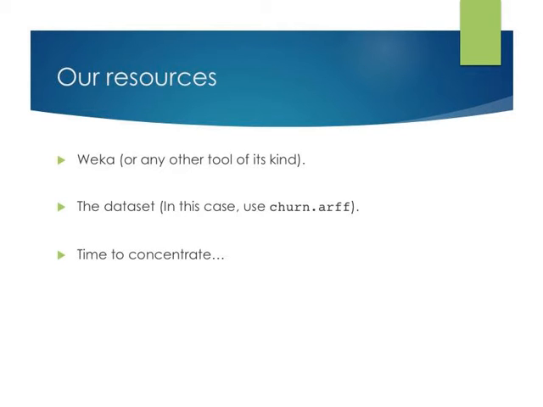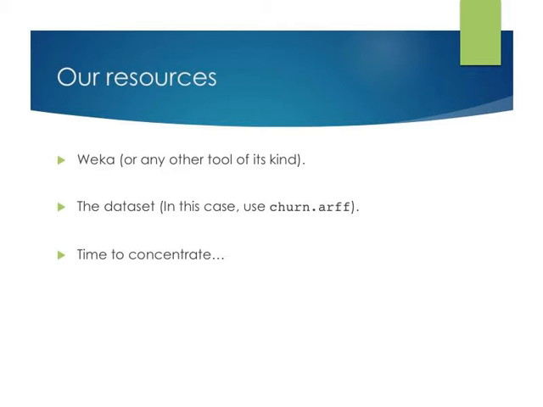And in order to do this, we will need some resources. Weka or any other tool of this kind. Most of the big name companies like IBM, HP, Oracle, Microsoft offer different solutions to perform this kind of operations. So you can consider any of them.